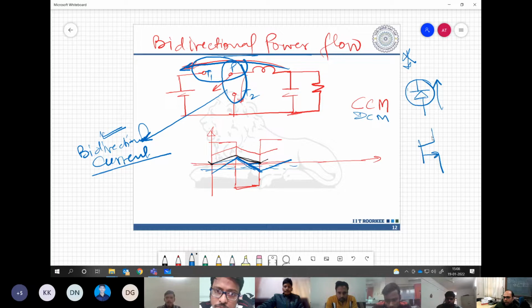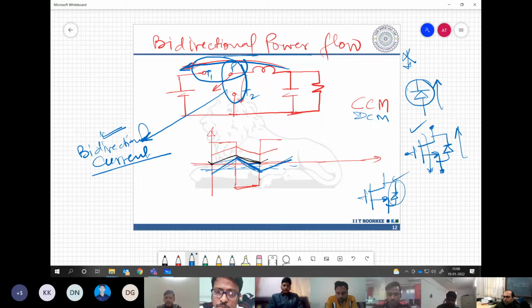Something like a MOSFET with body diode, if you connect at that point, can serve the purpose very well. The MOSFET will provide this, but definitely the gate signal must be given appropriately. So this can provide an alternate path for the current, and then the current going negative is possible. Similarly here we are putting a MOSFET with body diode, which means we already have the capability for negative current flow.